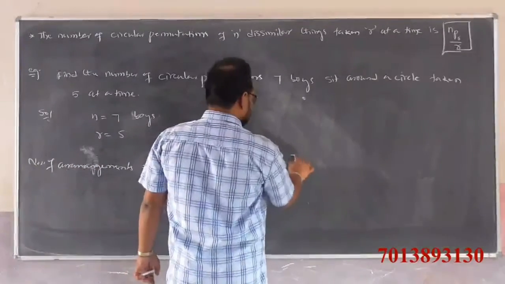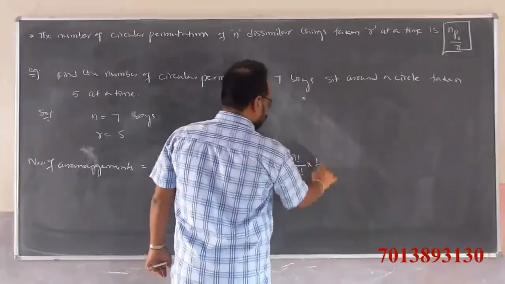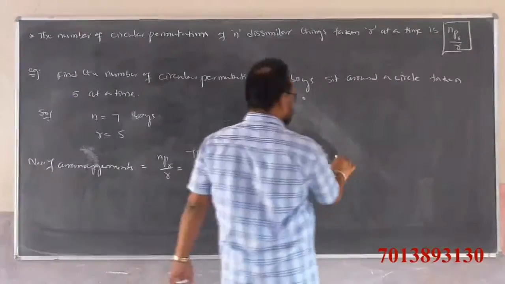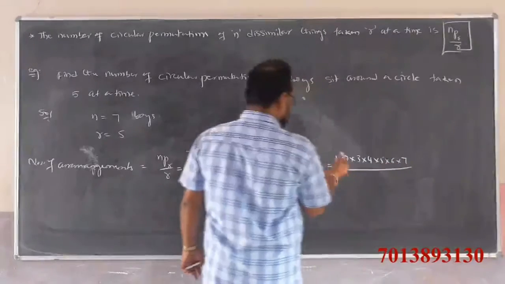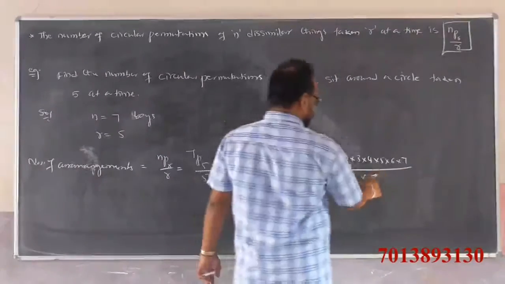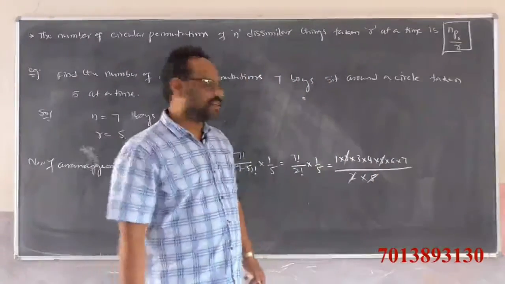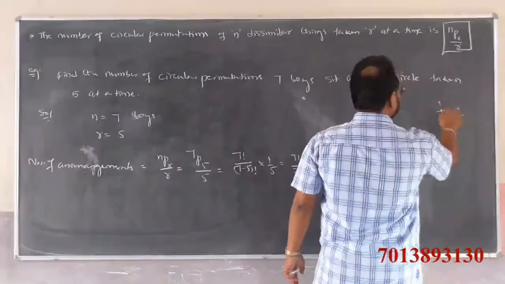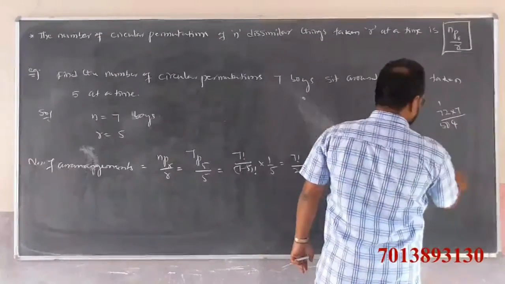So it is 7 factorial by 2 factorial, into 1 by 5. 7 factorial means 1 into 2 into 3 into 4 into 5 into 6 into 7, divided by 2 factorial, which is 2 only, into 5. The 5s get cancelled, the 2s get cancelled. 3 4s are 12, 12 6s are 72, 72 into 7 is 504.